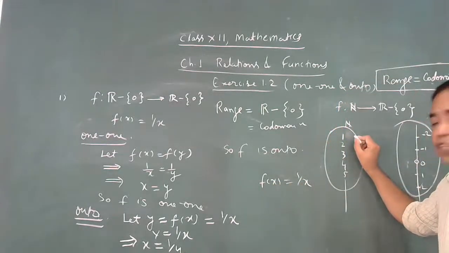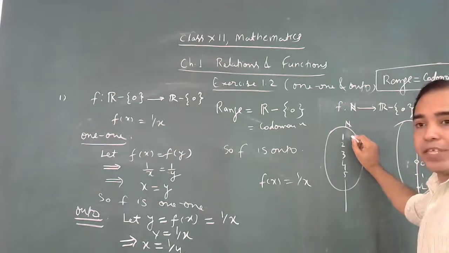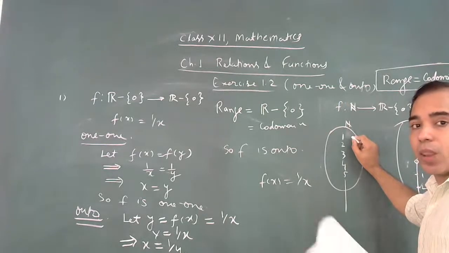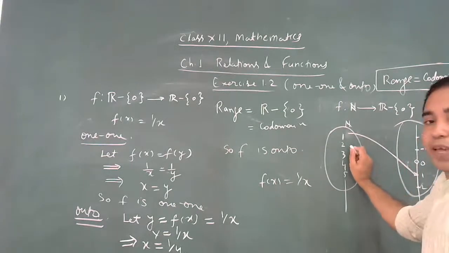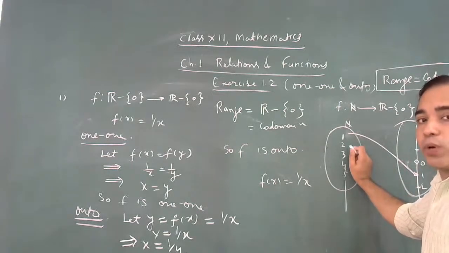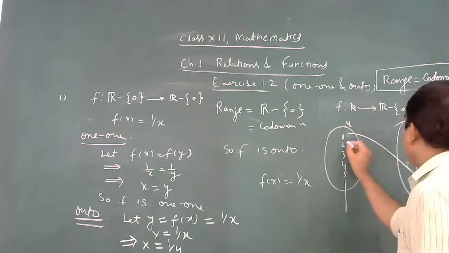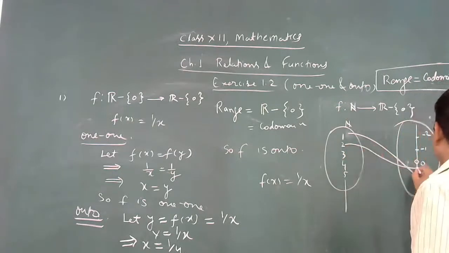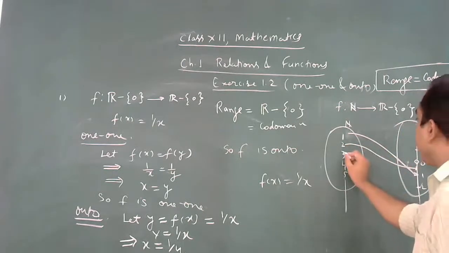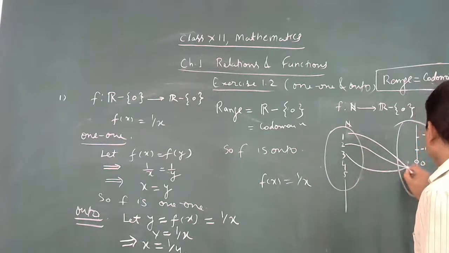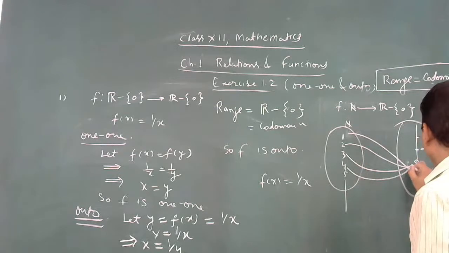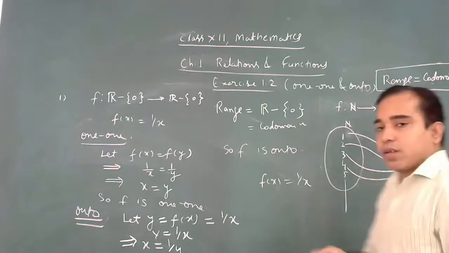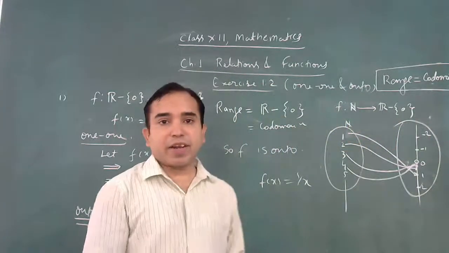Now send the images. 1, what should be the image? 1 upon 1, meaning 1. Okay, nice. 2's image should be 1 upon 2. 3's image will be 1 upon 3. Isn't it? 4's image will be 1 upon 4. Right? So all different points are going to different images.